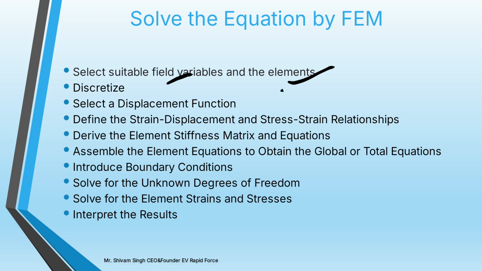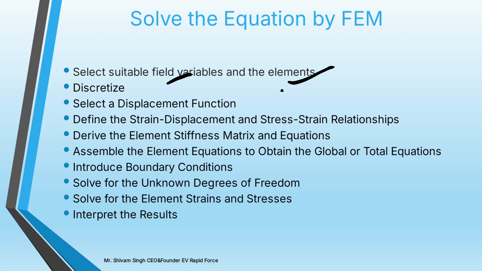After defining the relationships, we derive the stiffness matrix in the form of an equation, and we make the stiffness matrix for one element after another. After making the stiffness matrix for each element, we assemble or combine all the stiffness matrices into one matrix, known as the global matrix or total matrix equation.